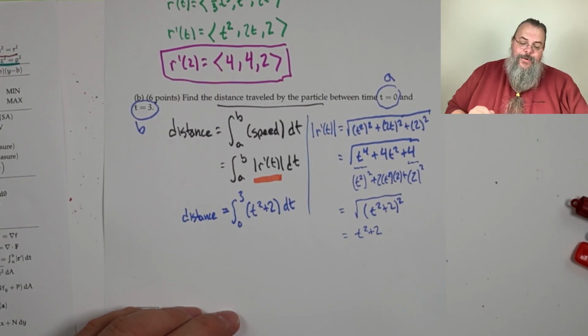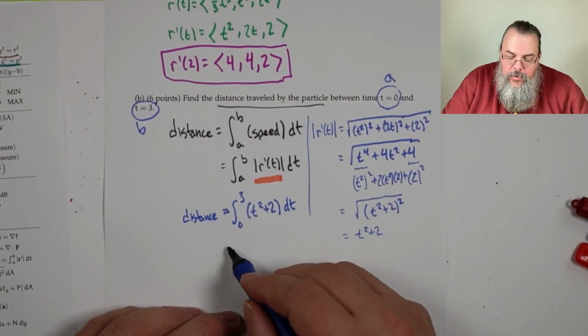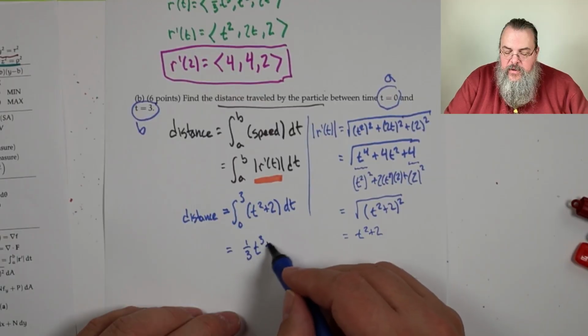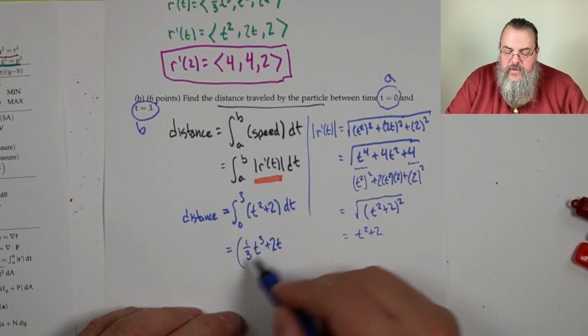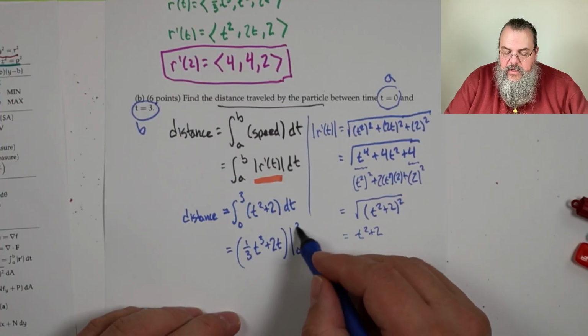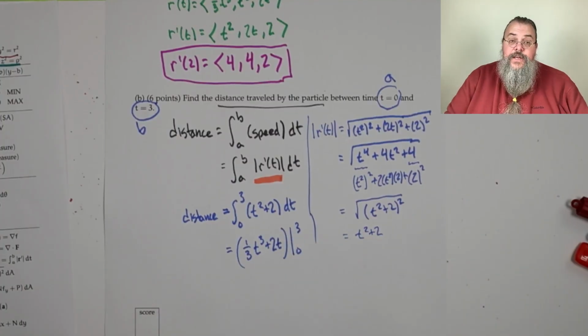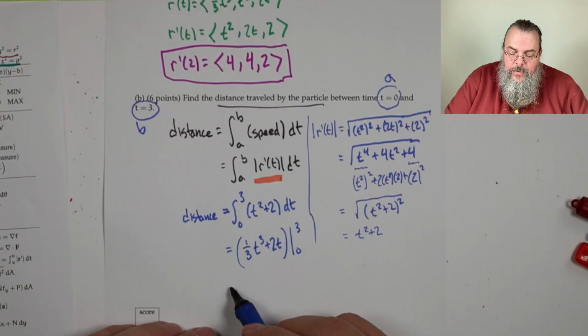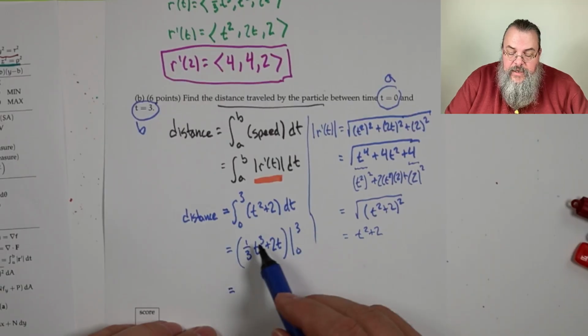Okay. Well, cool. That becomes what? 1/3 t cubed plus 2t, and we evaluate from 0 to 3. The good news is it's very easy to plug in 0, and you get 0. So most of our time will be plugging in the 3.